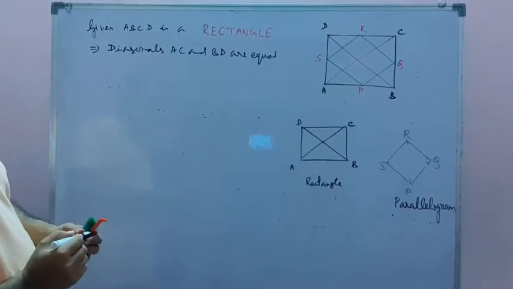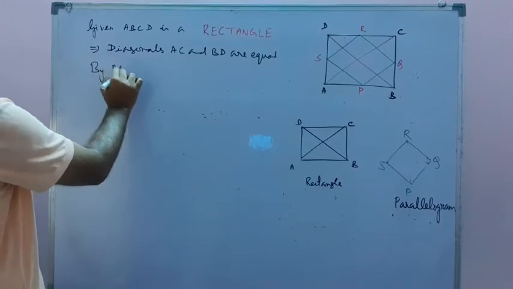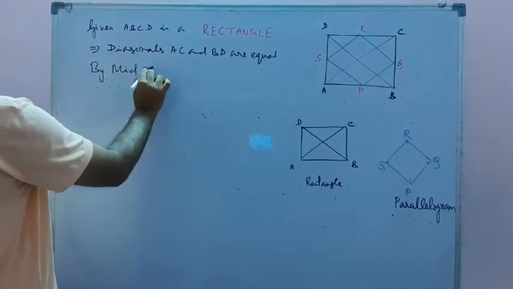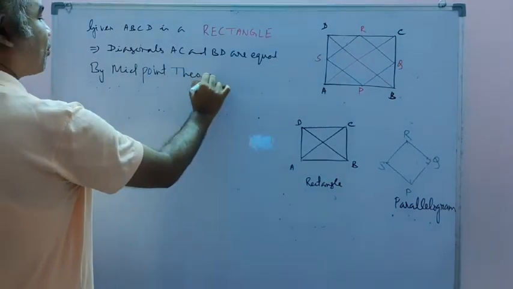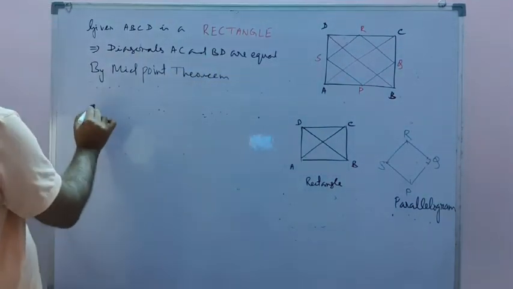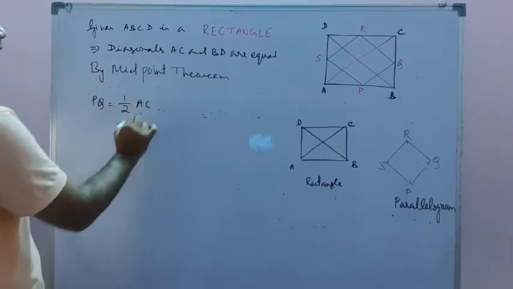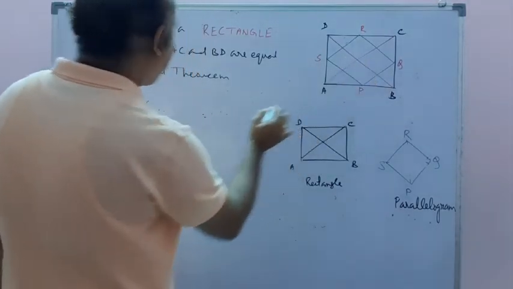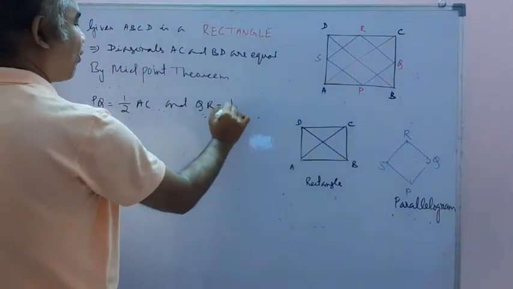Next, by the midpoint theorem, already you proved that PQ is equal to half of AC, and QR is equal to half of BD.